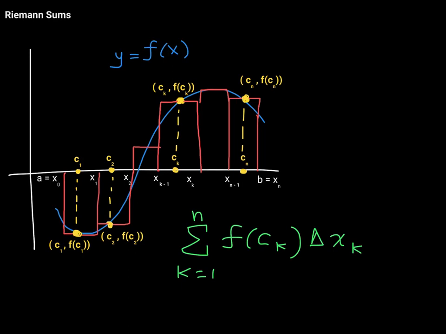What did I draw here? 1, 2, 3, 4, 5, 6 rectangles. Imagine 60 rectangles or 600 rectangles. Imagine how hard that would be for me to draw, but imagine 6,000 rectangles. So the more rectangles I have, in other words, as I let n, the number of rectangles, approach infinity, these rectangles are becoming thinner and thinner, and my approximation, my sum, is becoming more and more accurate.